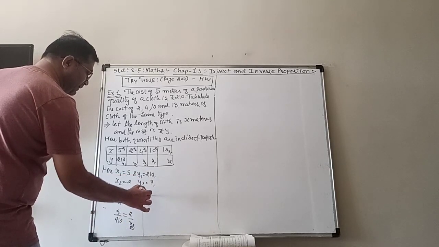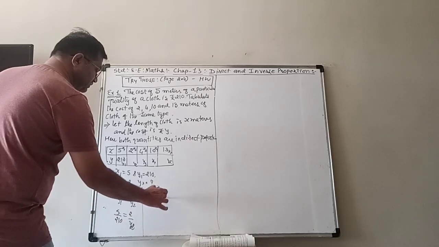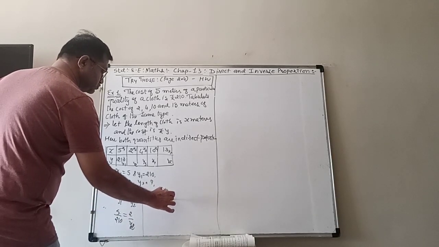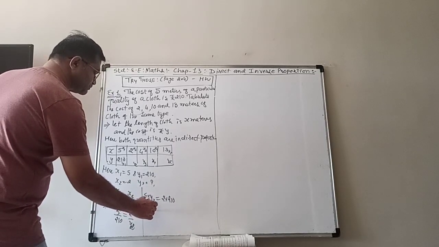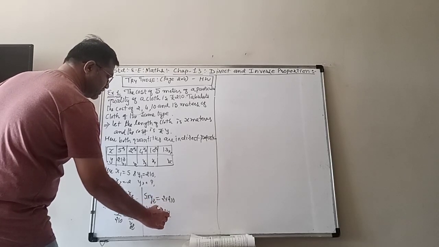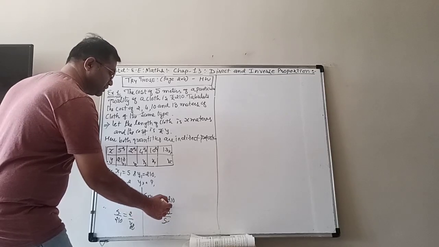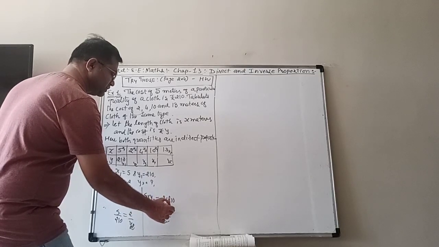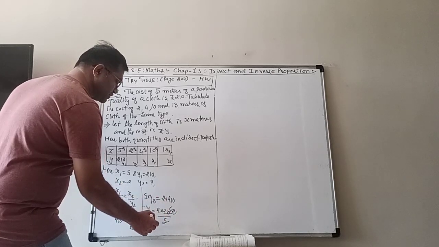So 5 multiplied by y2 is equal to 2 multiplied by 210. So y2 is equal to 2 multiplied by 210 divided by 5. 5 4s are 20 and 5 2s are 10. So y2 is equal to 42 2s are 84.